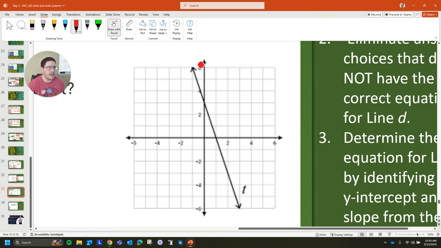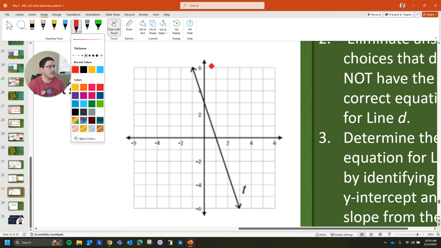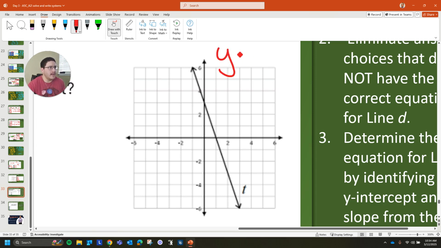So knowing y equals mx plus b, where b is the y-intercept, wherever it crosses on the y-axis, which will be 3 in this case. And then m is the rise over run, the slope.